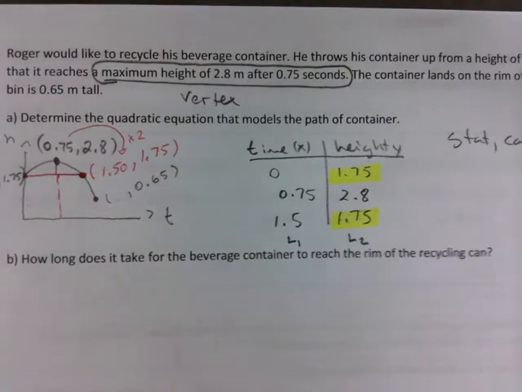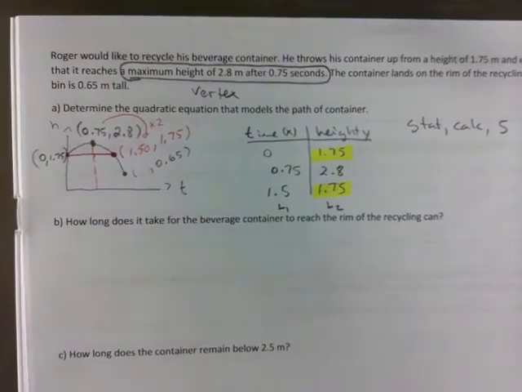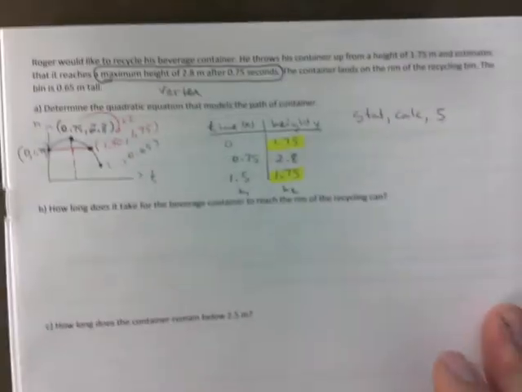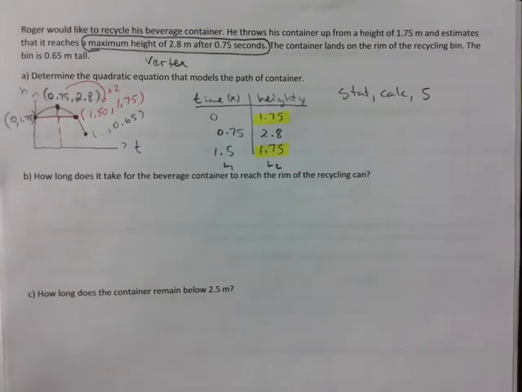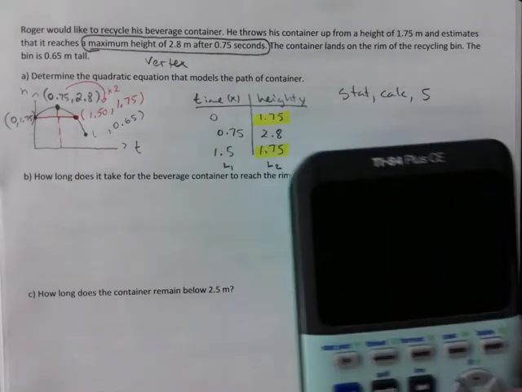Let me zoom out again. I think we're good for the zooming in part. Let's type it in. And you're like, wait a minute, what about the third column, Mr. Dirksen? Remember the first couple? This one doesn't have that.